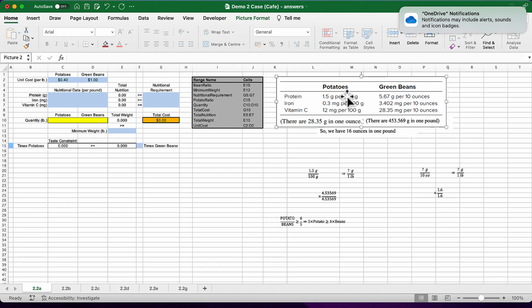So for every 100 grams of the potato, you're going to get respectively 1.5 gram of protein, 0.3 mg of iron, and 12 milligram of vitamin C.